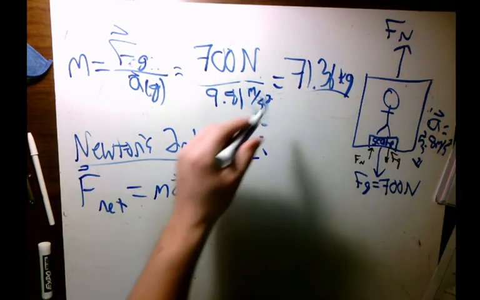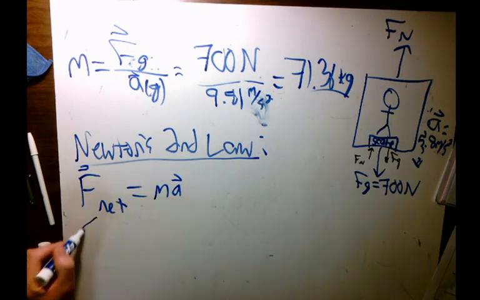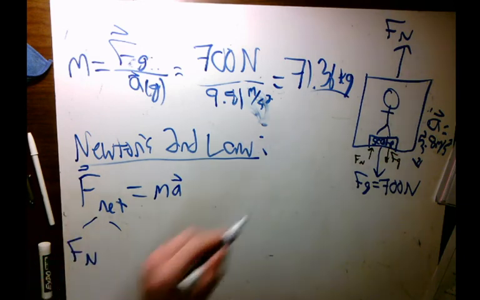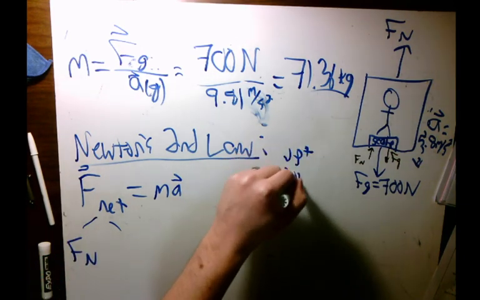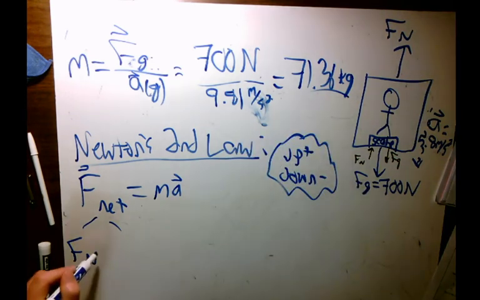We know the mass, we solved for that. We know the acceleration. We're going to have to break our net force into its two components. So we have a positive Fn, where up is positive and down is negative, and we have a negative Fg.